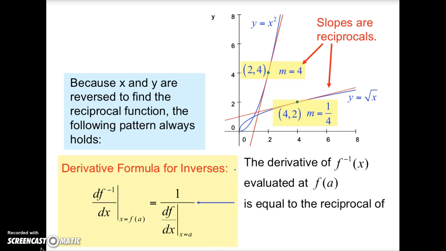So the reciprocal of means 1 over the derivative of regular f evaluated at the x-coordinate of the corresponding point on f. So if you wanted to memorize that, that's fine. I have in my life found this statement helpful and I have used it to answer questions. I'm going to show you what I do when I have a question like this to answer.